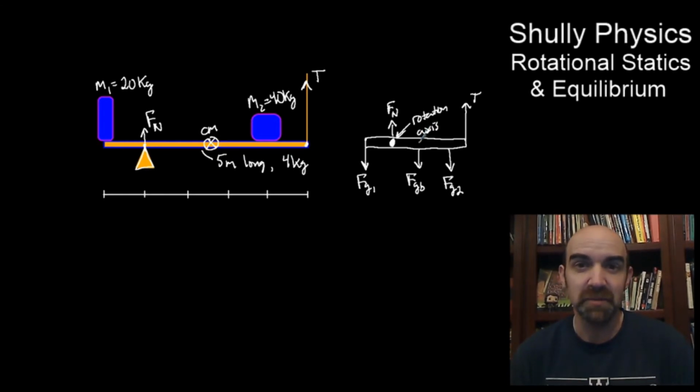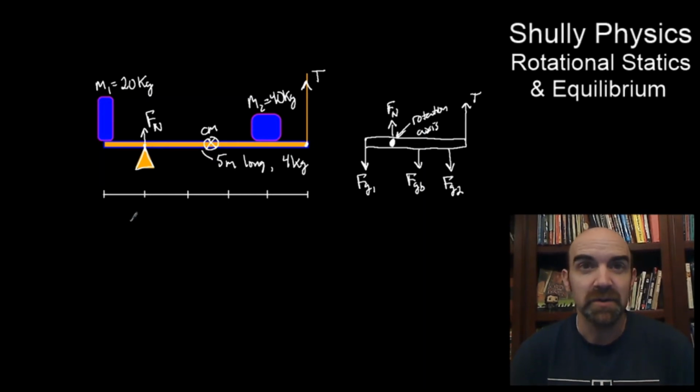That's where you want to measure your torque arms from and all that kind of stuff. In some of these scenarios, there's not an apparent point where there's going to be a rotation axis. You won't really know where the center of mass of the system is, or where it would naturally rotate. If that's the case, you can pick any arbitrary point. But in this one, we do have a rotation axis.